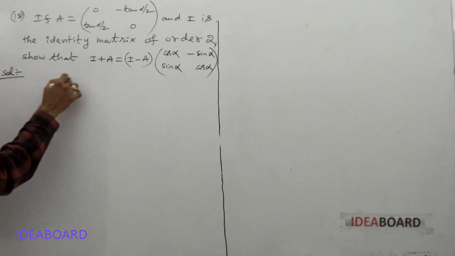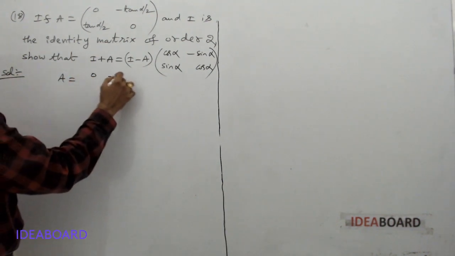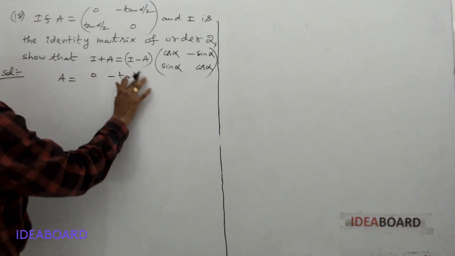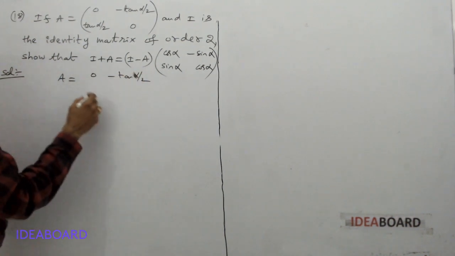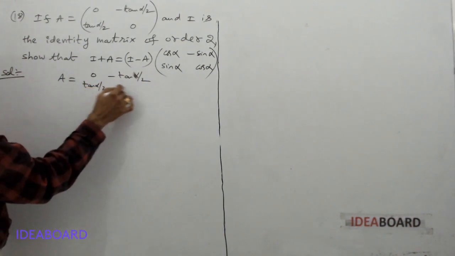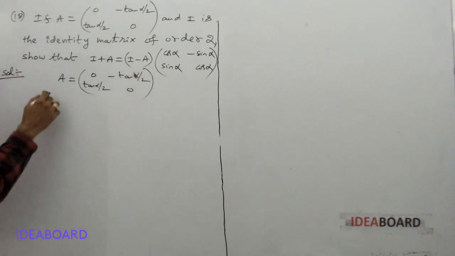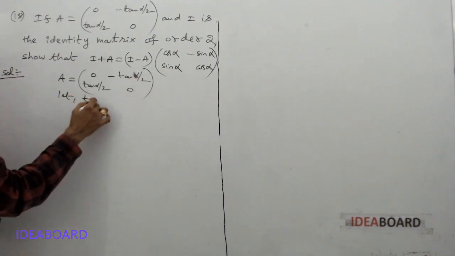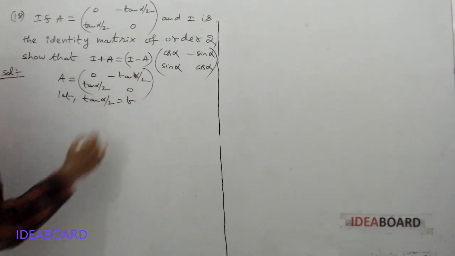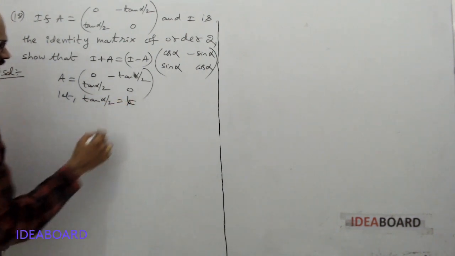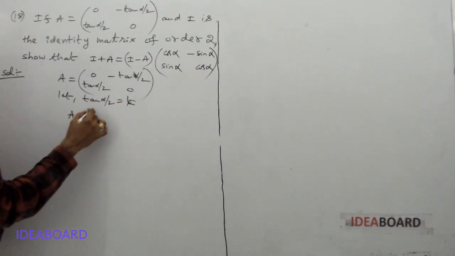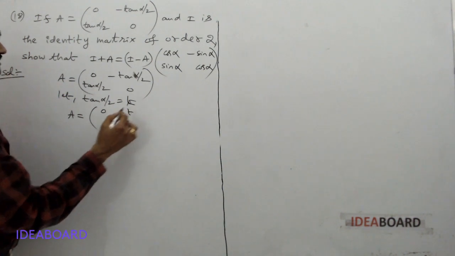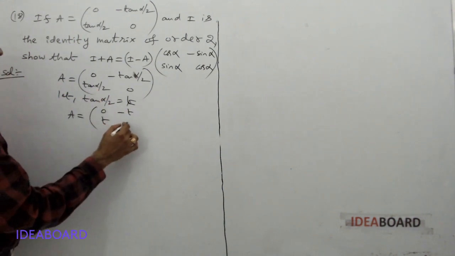First, given matrix A equal to 0 minus tan alpha by 2, tan alpha by 2, 0. Let tan alpha by 2 equal to t. Then the matrix A equal to 0 minus t, t, 0.